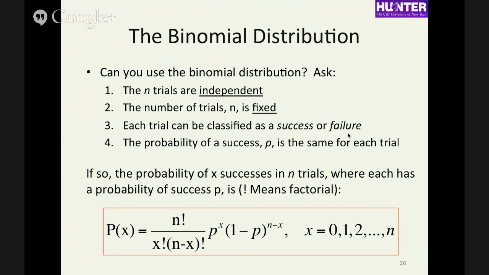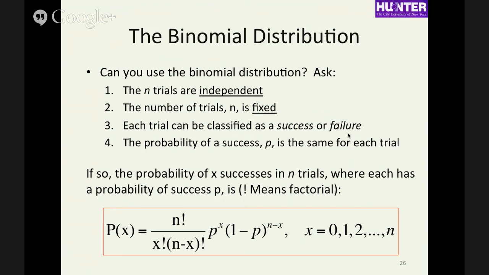So the first requirement is that those trials are independent. The second one is that the number of trials is fixed in advance, or at least it's not dependent on the outcome of previous trials. So it's not like, okay, I'm going to keep on rolling the die until I get 10 even rolls.